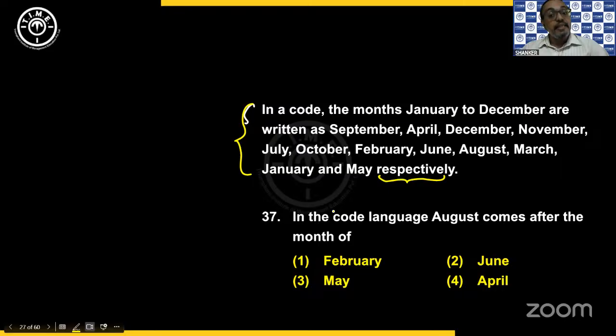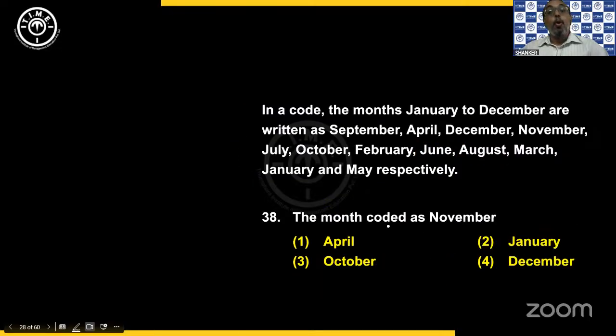Do you see? In the code language, August is coming after the month of what? After the month of June. And that is what you pick as your answer, June. Understanding this? So learn to understand the question. Okay, June is the answer.